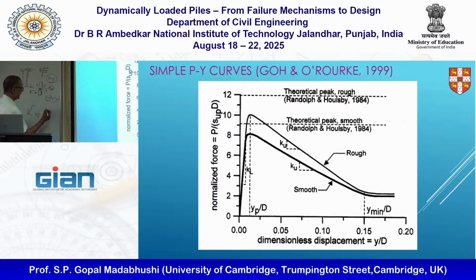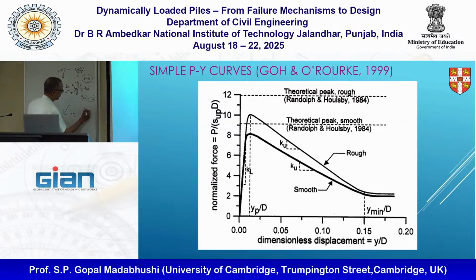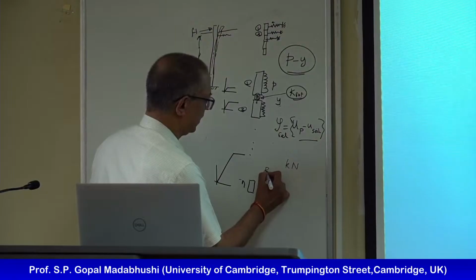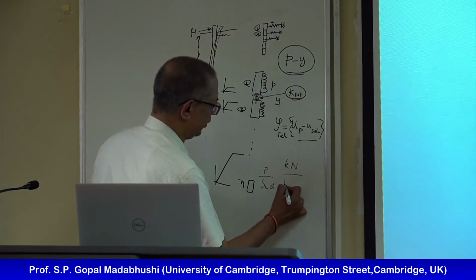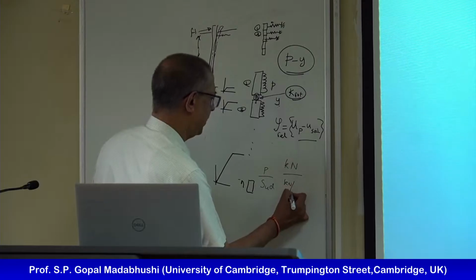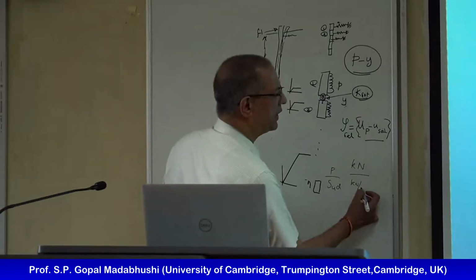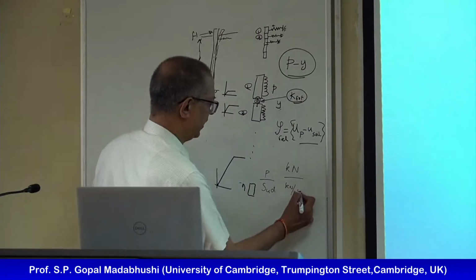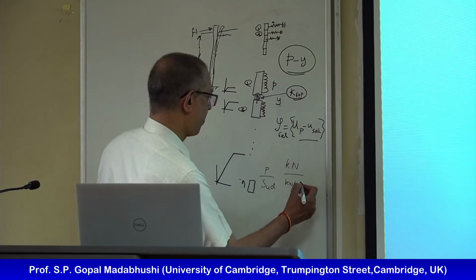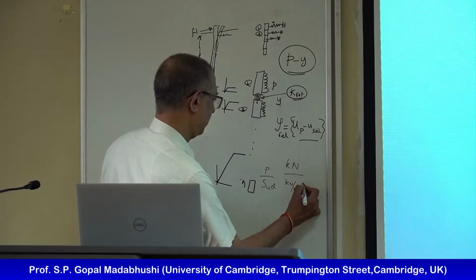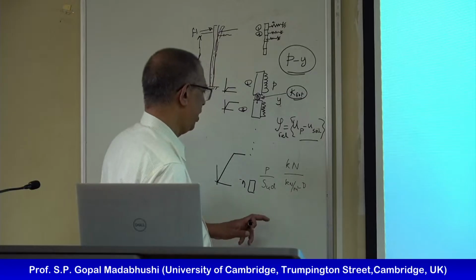P is kilonewtons over SU D. SU should be kilonewtons per meter squared, kPa, and D is the diameter.